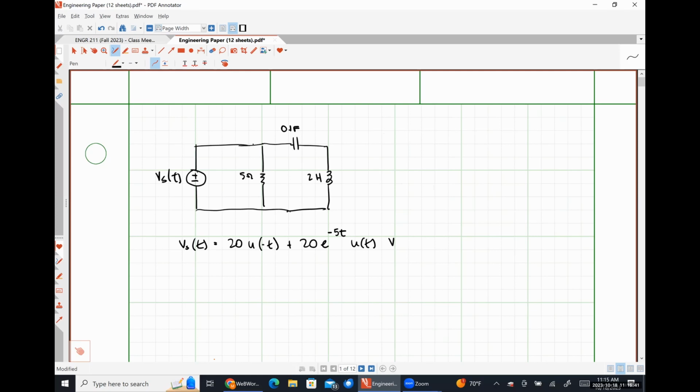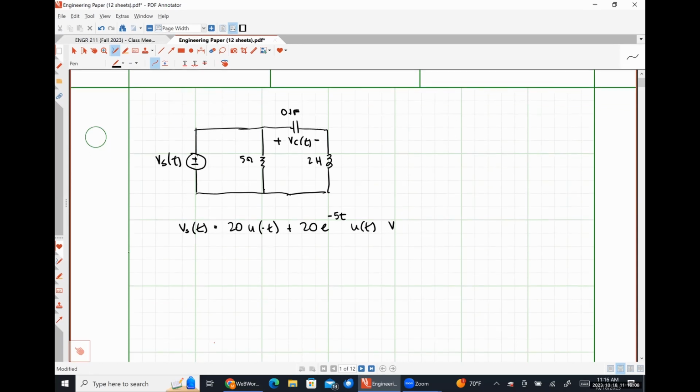Inductor current, inductor voltage, resistor current, resistor voltage, capacitor current, capacitor voltage. Capacitor voltage, okay. Is it okay that I put the positive polarity terminal on the left? That won't really matter. It'll just change the answer from positive to negative if we switch things.